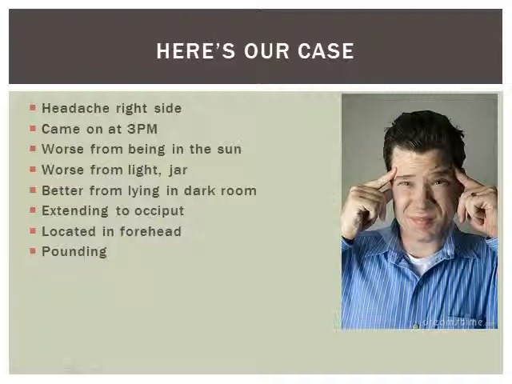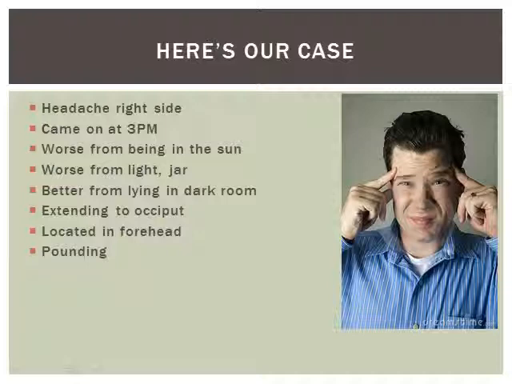There's the side, there's the time, there are 3 modalities: worse from being in the sun, worse from light and jar, better from lying in a dark room. Extending to the occiput is the extension, location is the forehead, and pounding is the sensation. Sometimes people will have more than one sensation, but we're just giving this as an example.